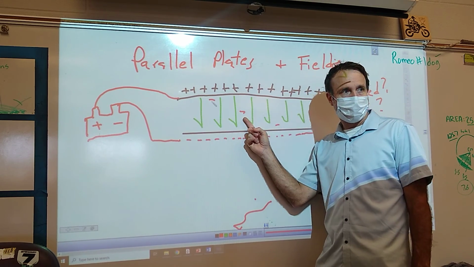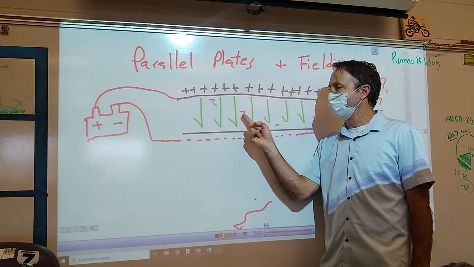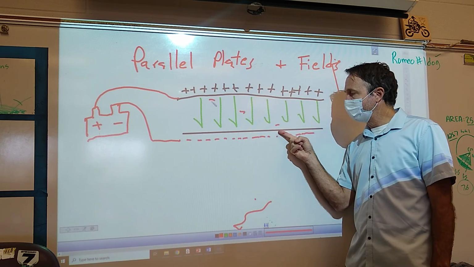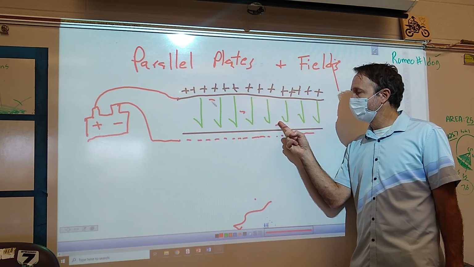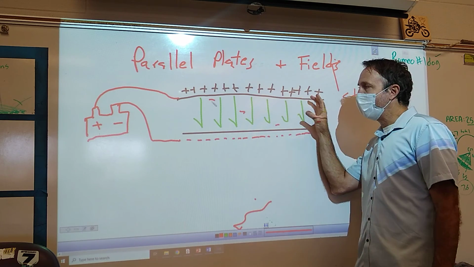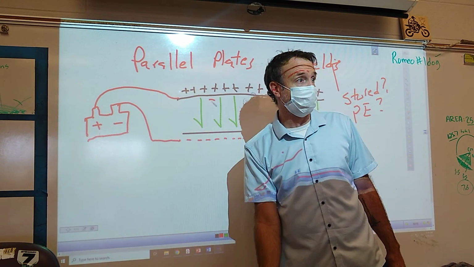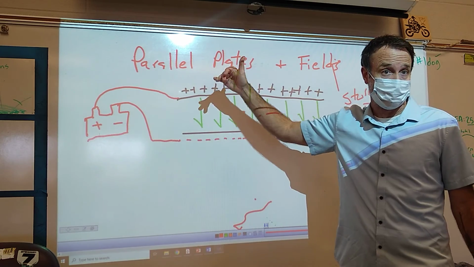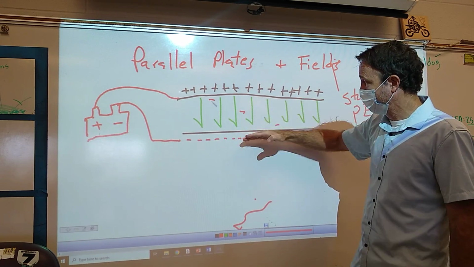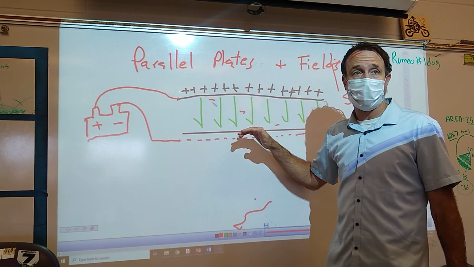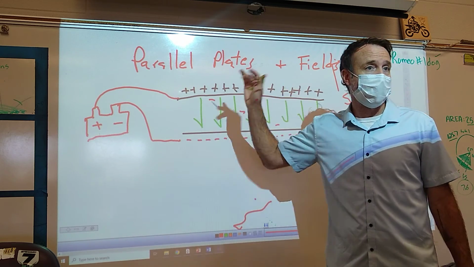Look at this one. This one's being equally pulled and equally pushed. And this one's being pushed really hard and pulled really weakly. So they're all 3 experiencing the same electric field intensity and the same force. So they're all moving at the same velocity, and that velocity doesn't change as they go through there.